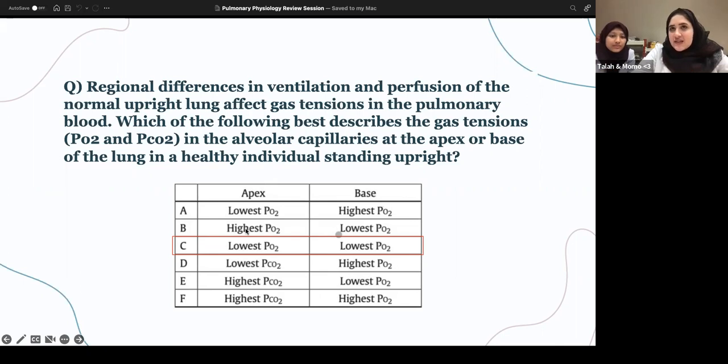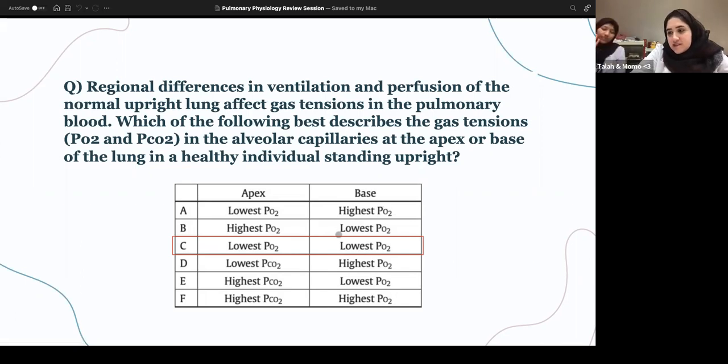So basically it doesn't have enough capillaries. The alveolar capillaries at the apex are not gonna have a lot of PO2. We're gonna have a low amount of oxygen. And then at the base, we have a lot of perfusion, but we don't have a lot of ventilation. So the capillaries there are going to have lower PO2 compared to any other capillaries in the lung.